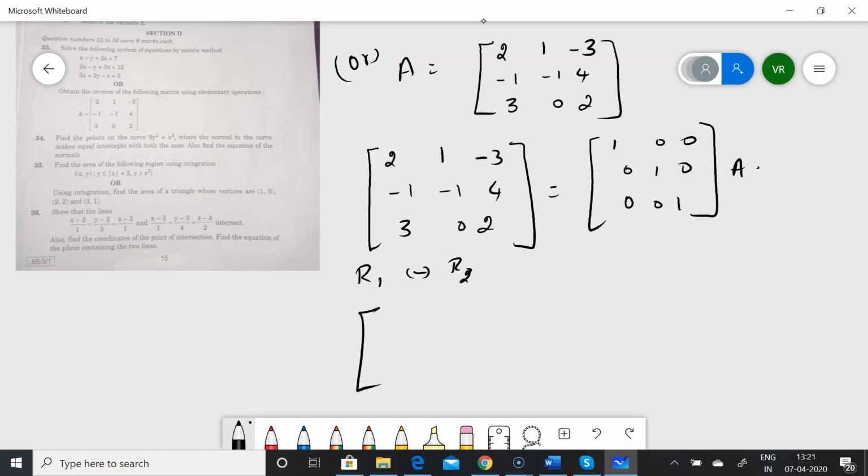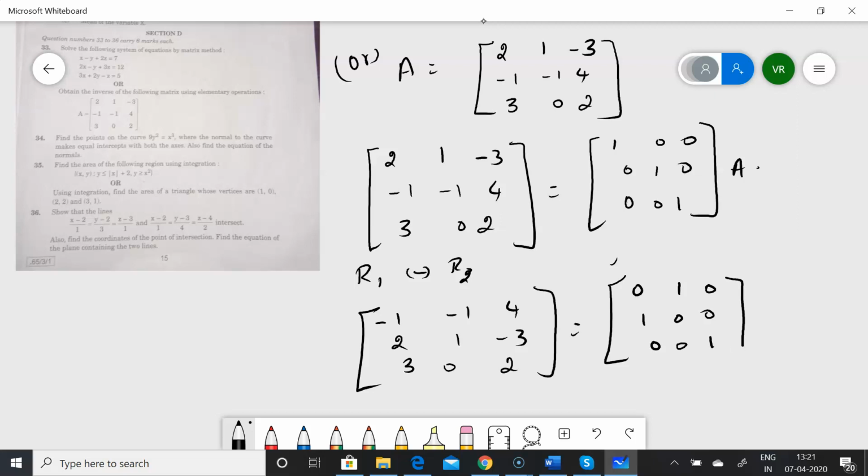So that will give you minus 1, 4, 2, 1, minus 3, 3, 0, 2. Same way, this first row will become 1, 0, 0, 1, 0, 1, 0, 0, 0, 0, 1 times A.